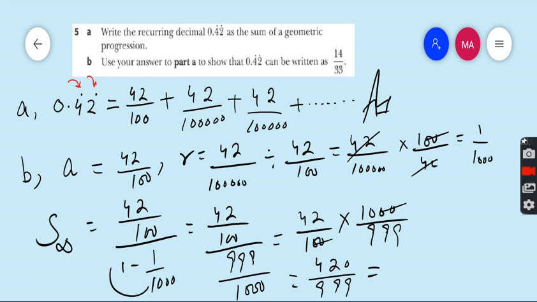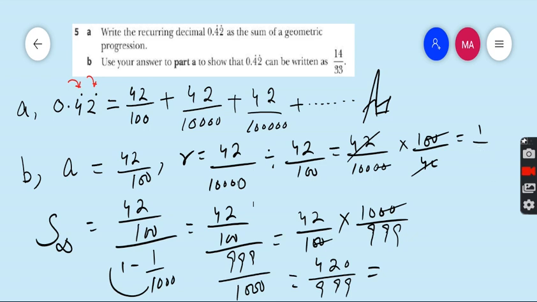Sorry, one mistake which I made, kindly wait. 100 by 100 is 10,000, so this is also wrong. So 20 cancels by 20.